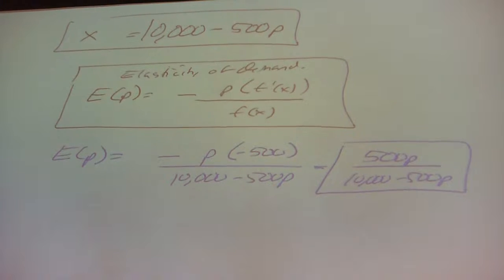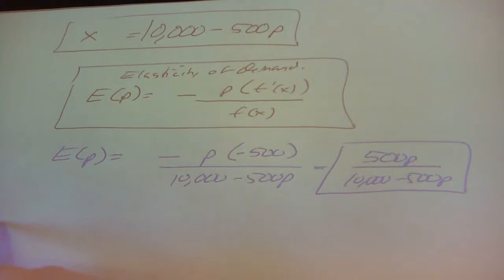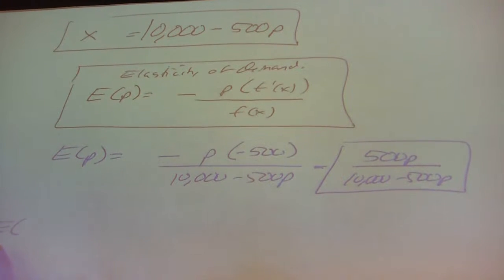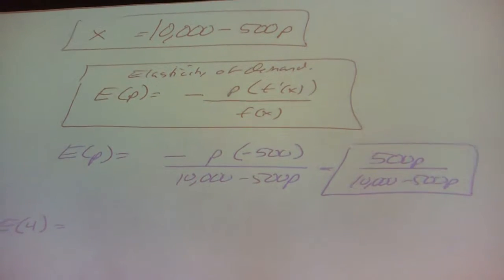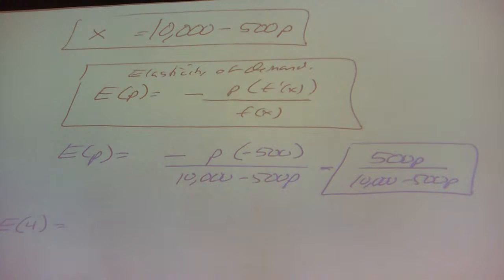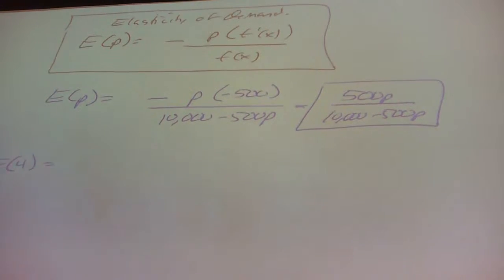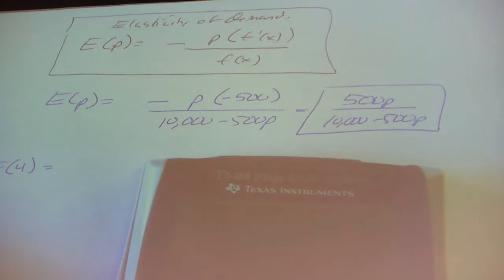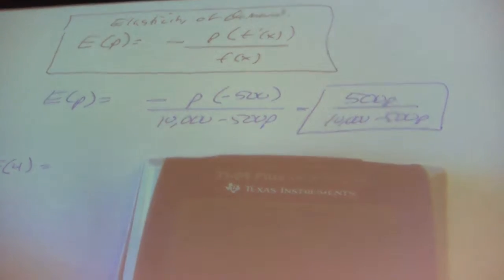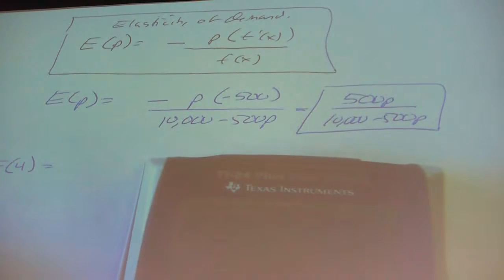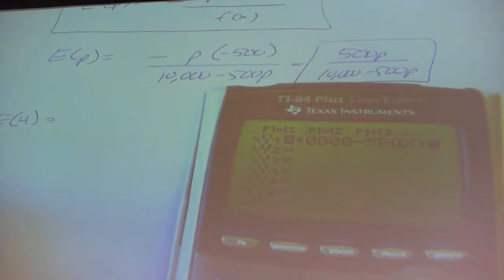Now, put that in y1. Sorry about that. Put that in y1. And then we're going to plug in 4 to start with. Make sure the denominator is in parentheses.